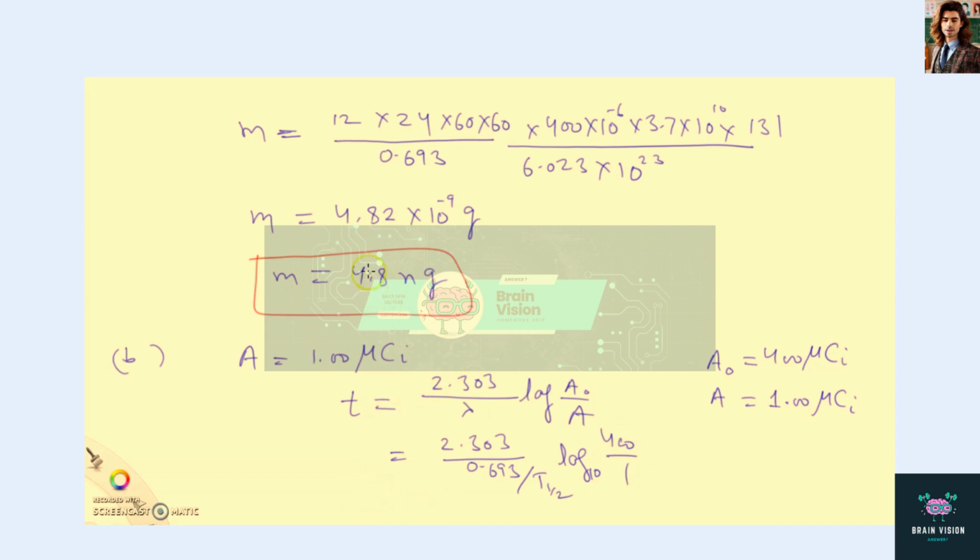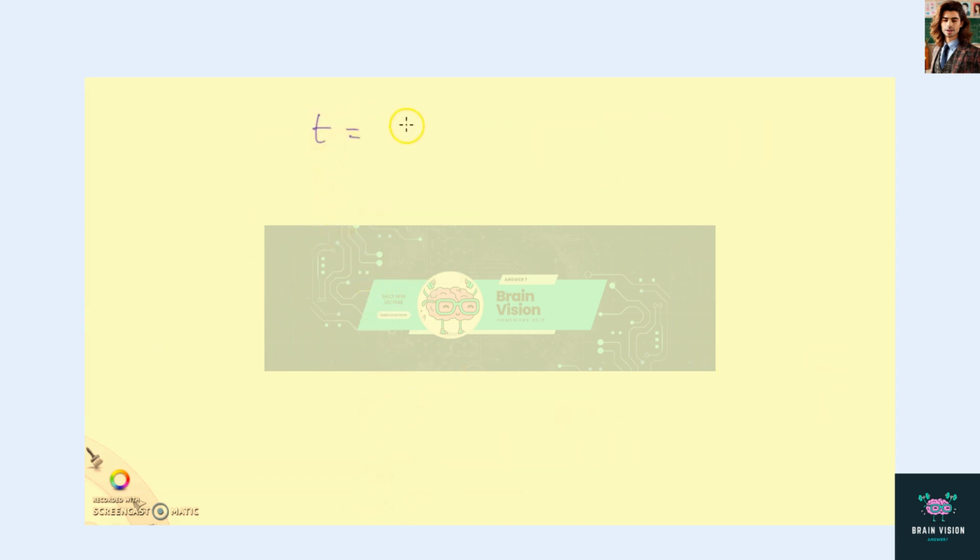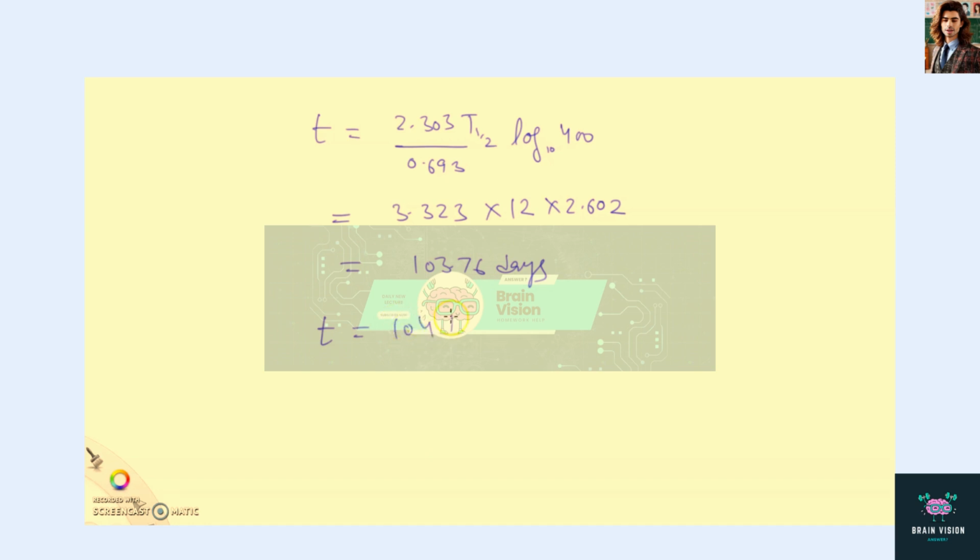So it comes out to be t equal to 2.303 into T half divided by 0.693 into log base 10 of 400. Taking 3.323 for the factor, 12 days for half-life, and 2.602 for log 400, finally this answer comes out to be 103.76 days, or approximately 104 days.